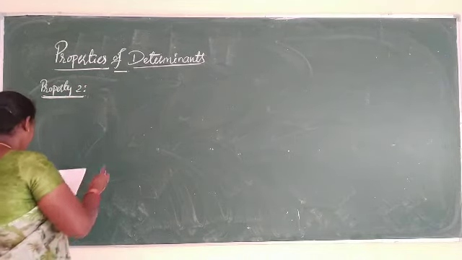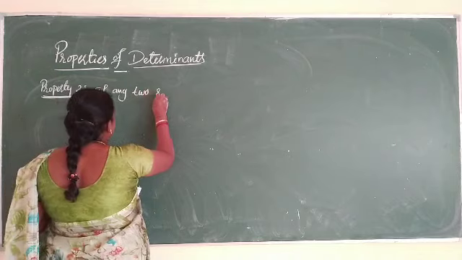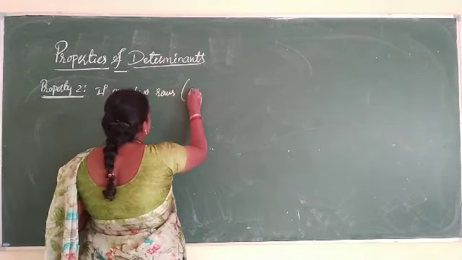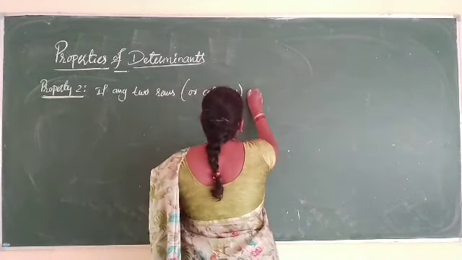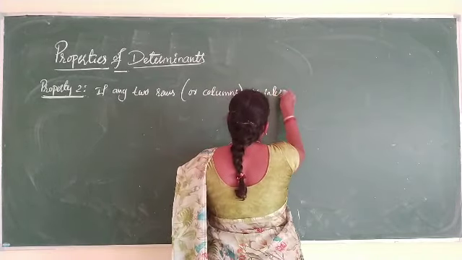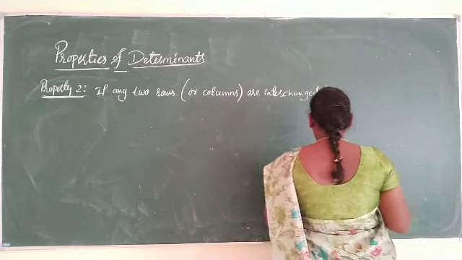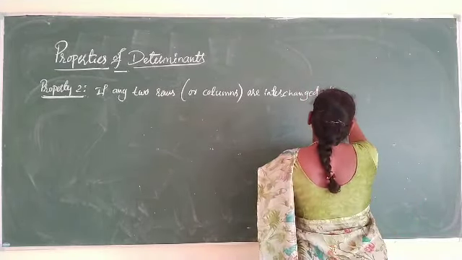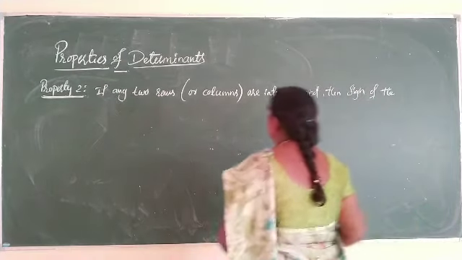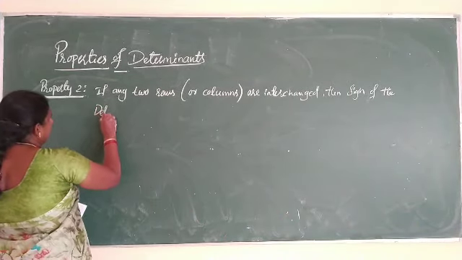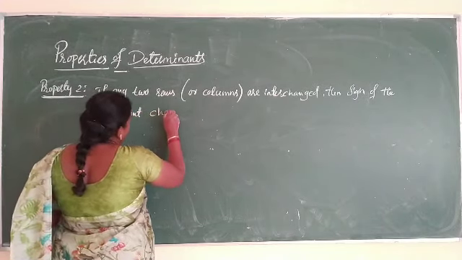If any two rows or columns are interchanged, then the sign of the determinant changes.